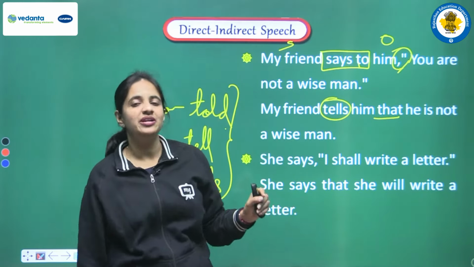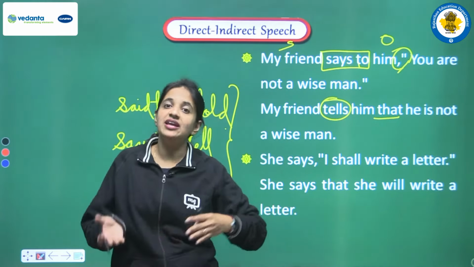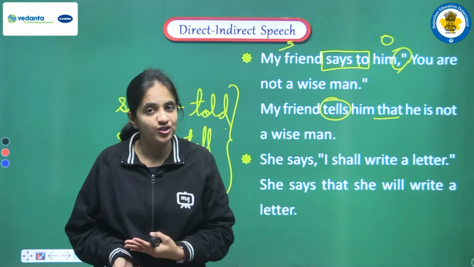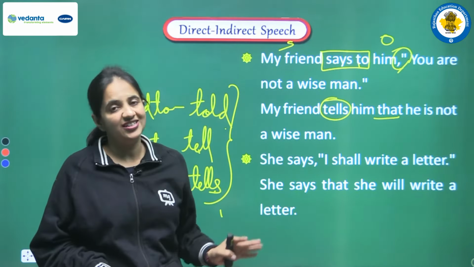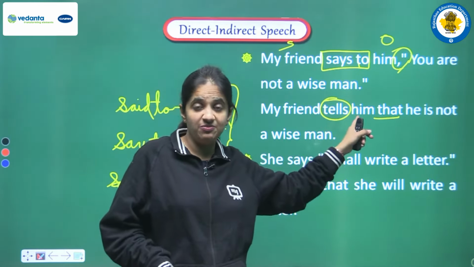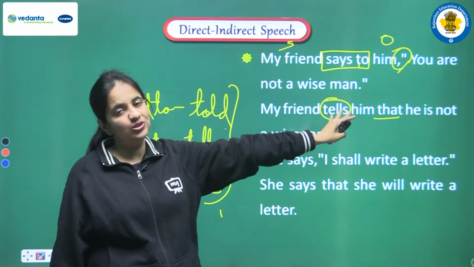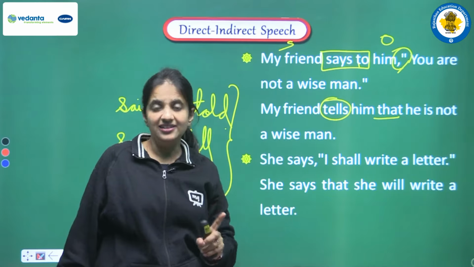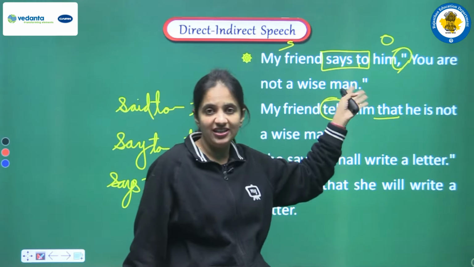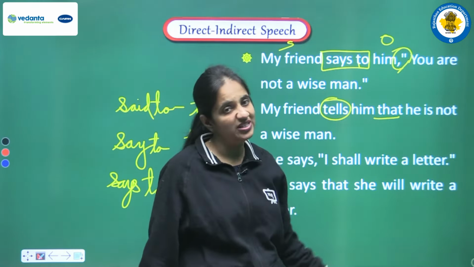So yes, again I am repeating one more time. If we have any one of the present or future tenses, then we don't make any changes in the tense of the reported speech. Only when we have past tense here, then we have to change the tense. Clear? So here we won't change the tense, but yes, pronouns जो है वो हमें change करने हैं.